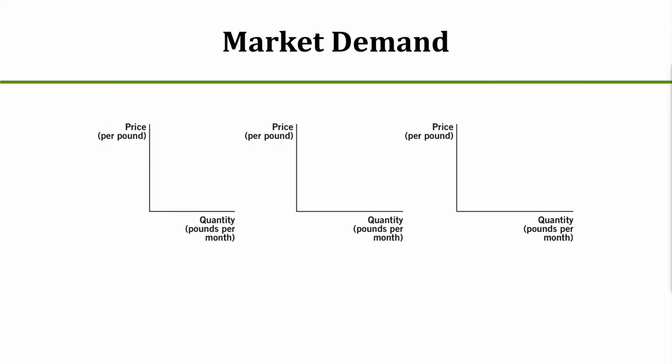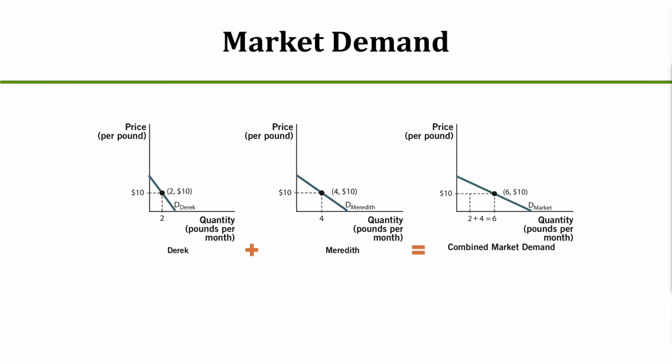We can do the same kind of calculation by doing the horizontal sum on the graphics. If you do that, we know from linear algebra or simple math that the slope of this final graphic will be flatter compared to Direk's and Meredith's demand curves.